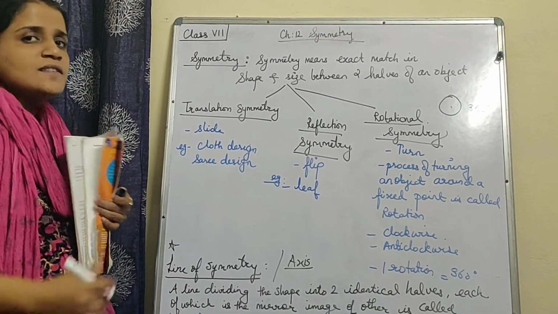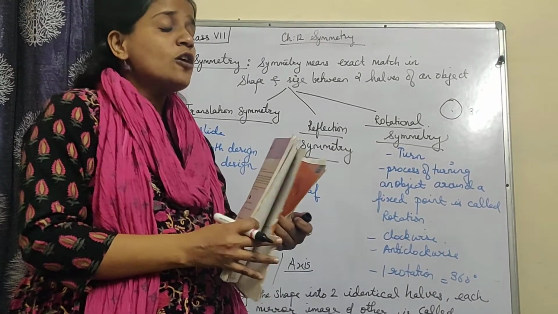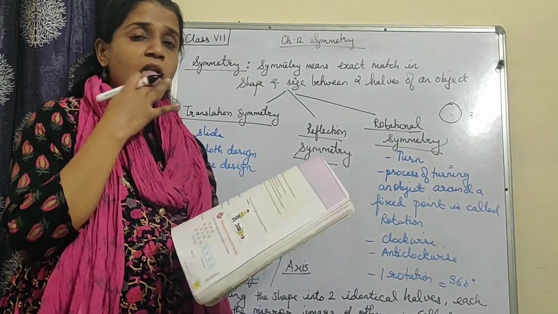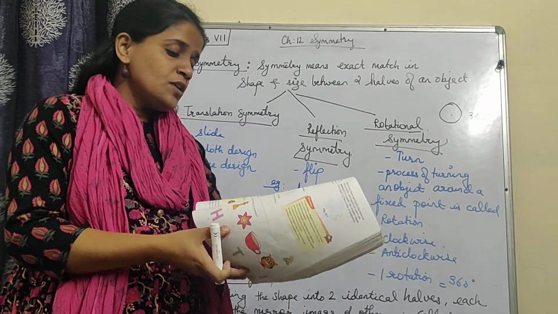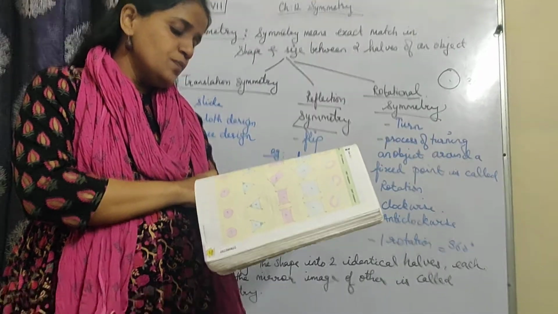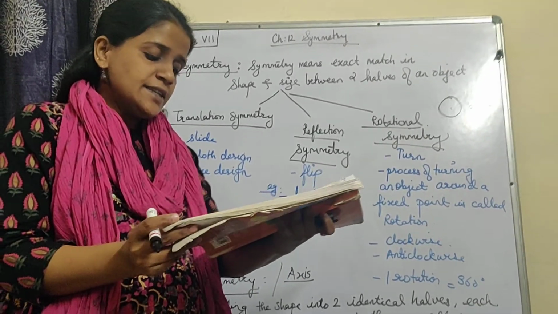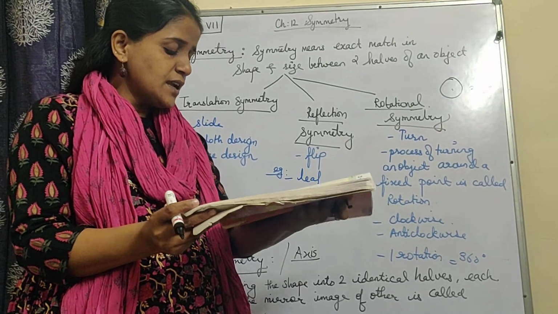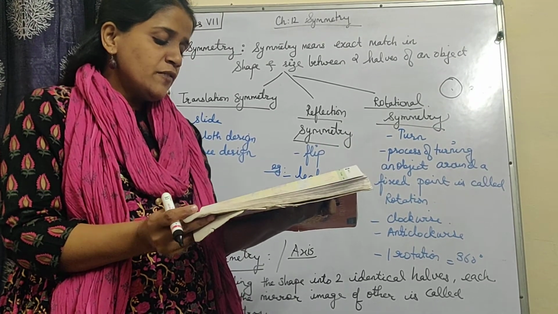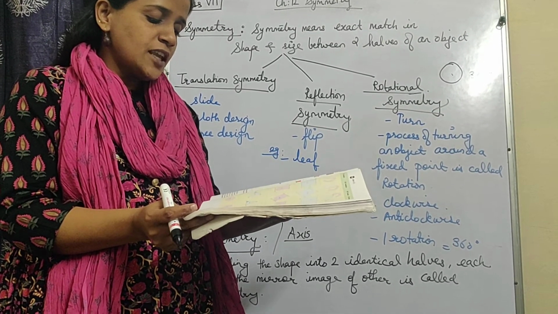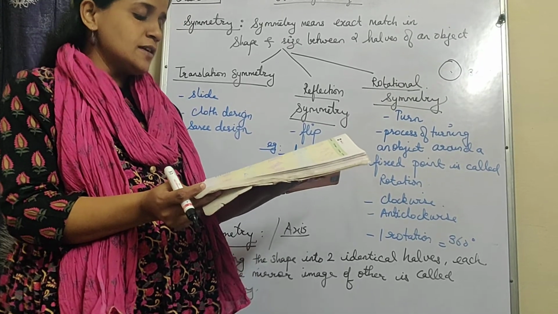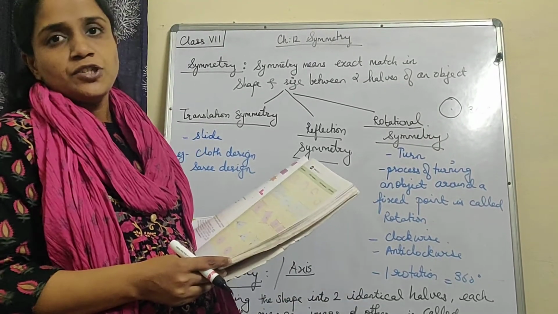What are the objects which have rotational symmetry? How are they defined? I want every one of you to go to page number 158, right hand side, bottom three lines. Figures which can be rotated to get the same shape in less than one full circle are said to have rotational symmetry.